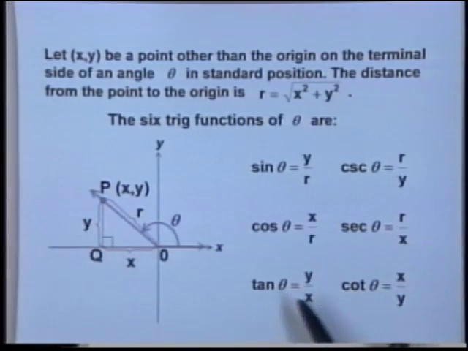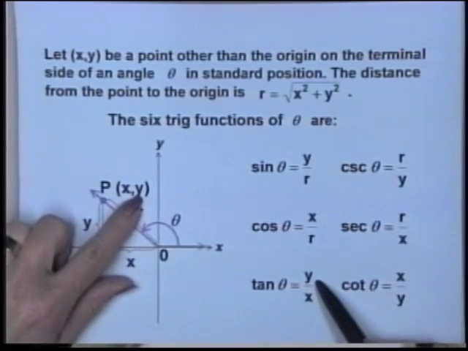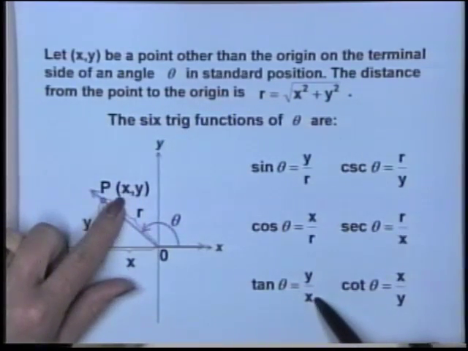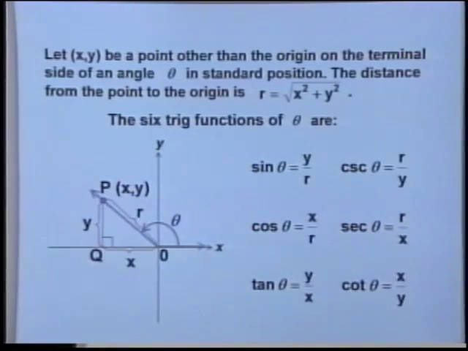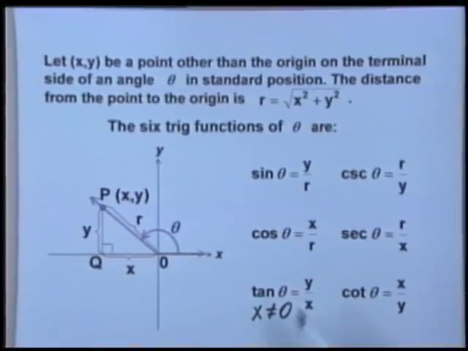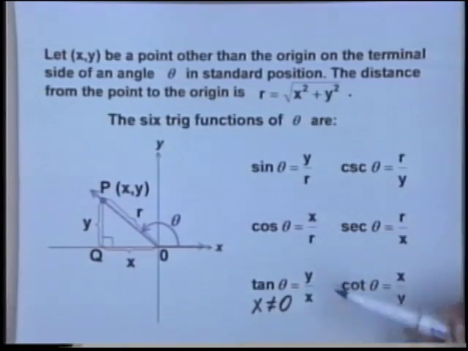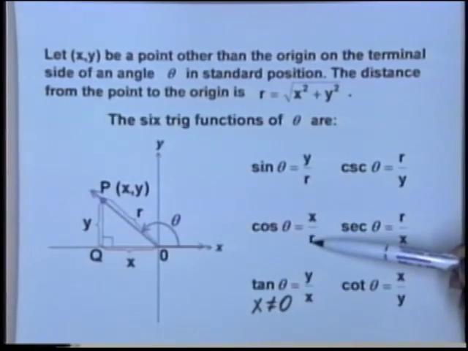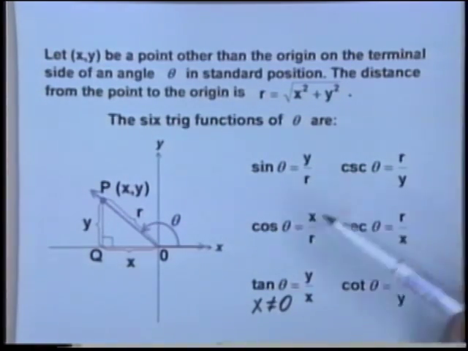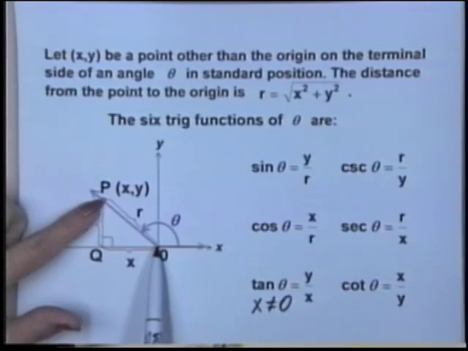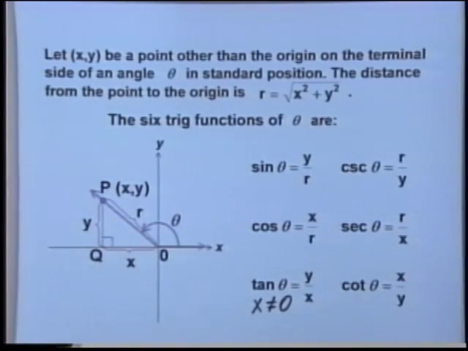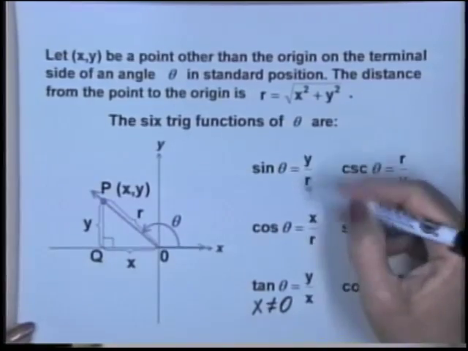For the tangent of theta, it's defined to be the y coordinate divided by the x coordinate, and obviously x does not equal 0, because if it did, then this ratio would be undefined. Notice we didn't have to worry about that on the sine and cosine because their denominators are r, and r would never be 0. If r was 0, you wouldn't have an angle theta, so that was not a concern here.